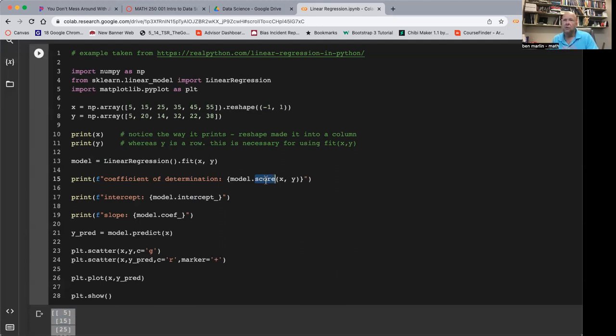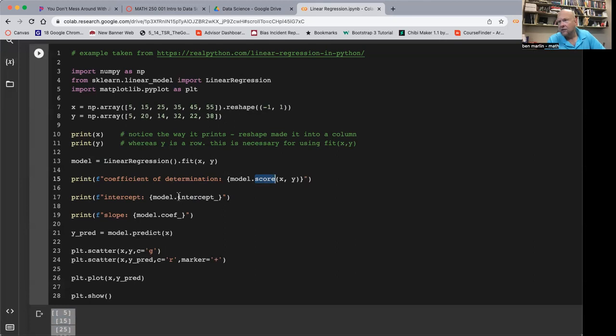Okay. But we often go ahead and square the R value because it makes it convenient to say R equals 0 is uncorrelated and R equals 1 is perfectly correlated. Sorry, R squared equals 0 and R squared equals 1. Okay. So anyway, for whatever reasons, they use score to read that out there.